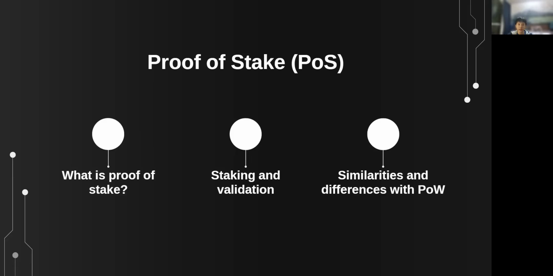In proof of stake, the main difference is that because people are leveraging their money and assets rather than their computing power, it's much more energy efficient. There's no hashing, there's no crypto mining in proof of stake because of the way it's set up, and instead people leverage their assets, and that creates very little energy use.